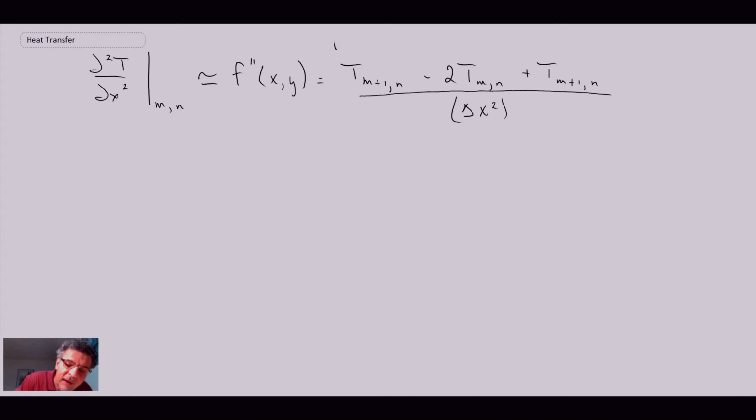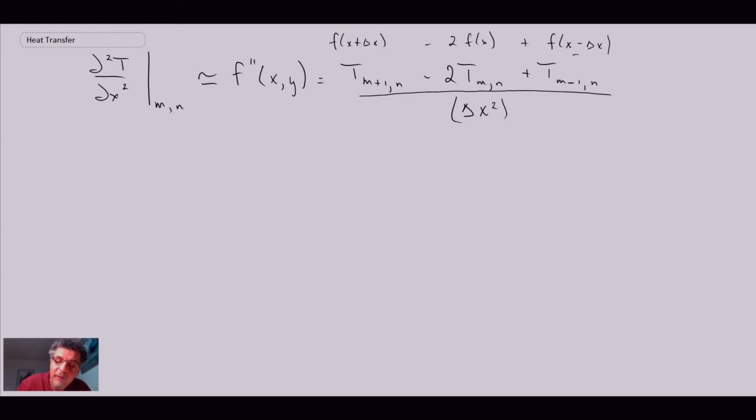This here would be f at x plus delta x minus 2f at x plus f at x minus delta x. That's essentially, oops, I have a little error. No, that one should be minus. I apologize about that. Let me fix that and clean it up. So this here should be minus in order to be consistent with that minus there.